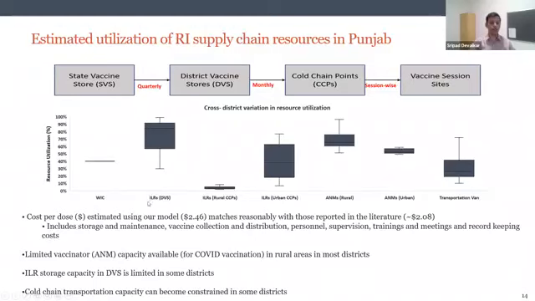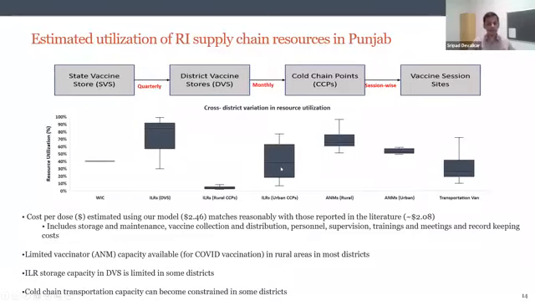For example, for the large ILRs used at district vaccine stores, there are districts where the utilization is as low as 30%, whereas in some districts almost all of the storage capacity of ILRs at the district vaccine stores is being utilized for routine immunization.